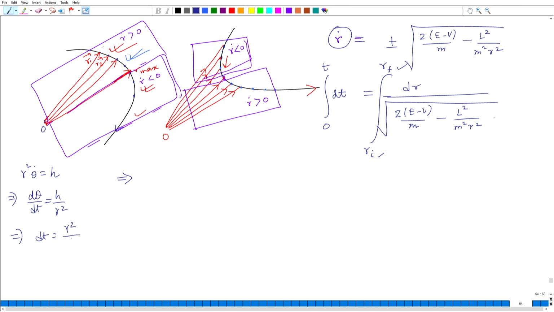and your dt will be r square over h d theta. Then you can say that instead of dt I can write r square by h d theta is equal to dr over root of 2 times (E minus V) by m minus L square by m square r square.